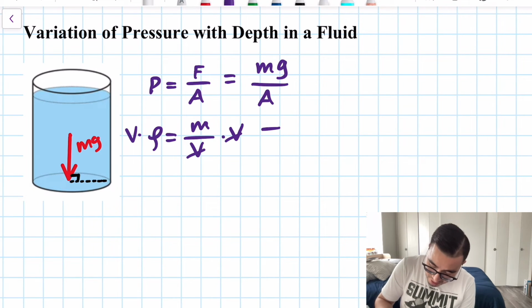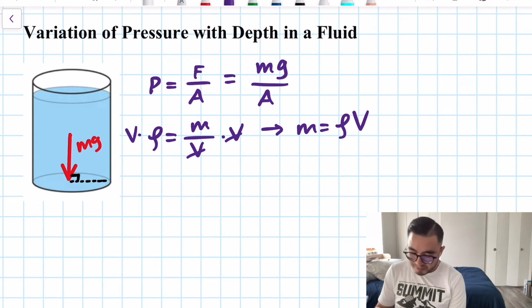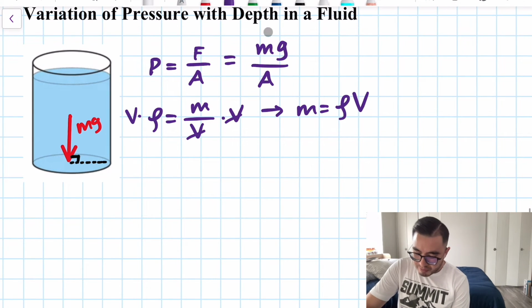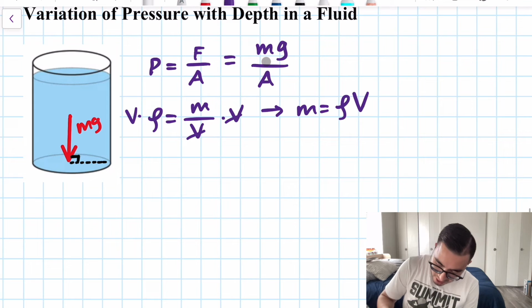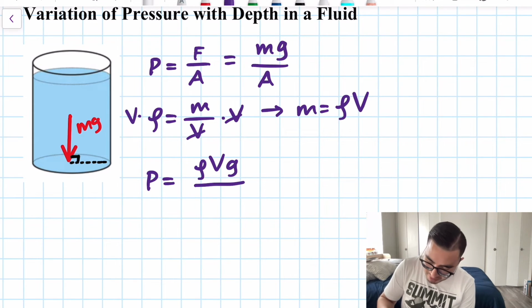Now we know that mass is equal to density multiplied times volume. So I'm going to combine these two equations and get a new one. Pressure is equal to density times volume times acceleration of gravity divided by area.